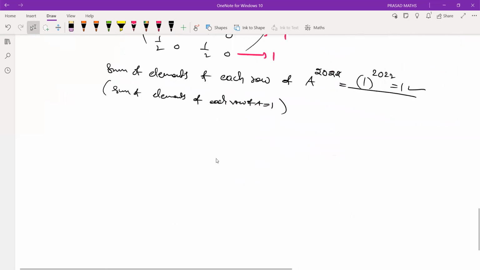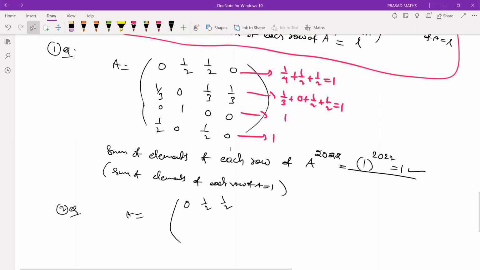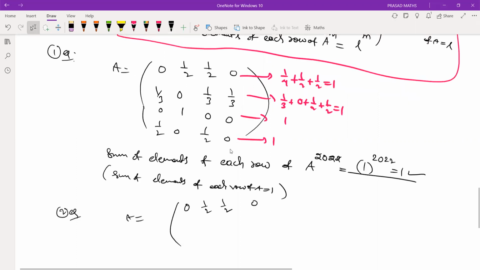So next, suppose you are asked to find the sum for the same problem. A is equal to 0, 1 by 2, 1 by 2, same problem; 0, 1 by 3, 0, 1 by 3; 1 by 3, 0, 1, 0, 0; this is 1 by 2, 0, 1 by 2, 0.